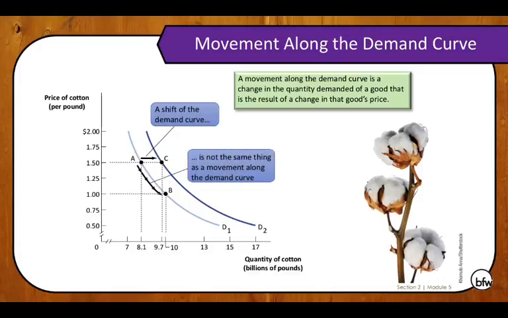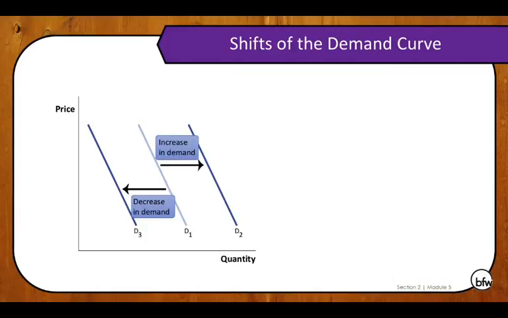So keep in mind that a shift of the demand curve is not the same thing as a movement along the demand curve, and movement along the demand curve is only caused by a change in price, and a shift of the demand curve is caused by any other factor. So remember, to represent this graphically, if you want to show an increase in demand, you shift the demand curve to the right, going from D1 to D2.